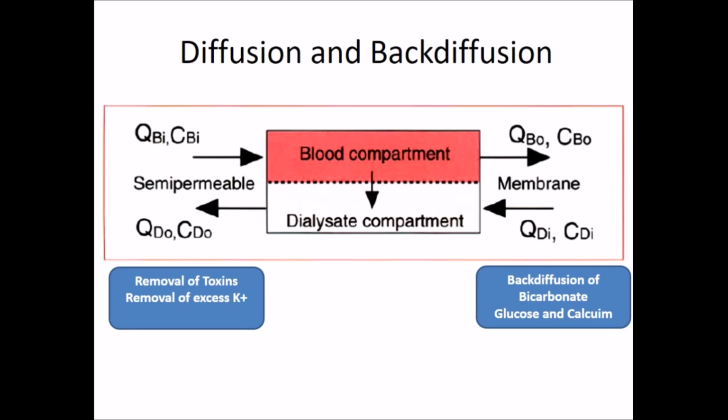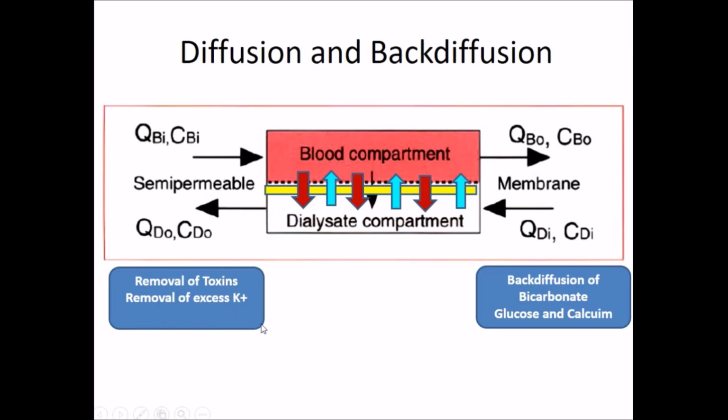So there is diffusion and back diffusion separated by the semi-permeable membrane, where diffusion is movement from the blood compartment to the dialysate compartment, while back diffusion is movement from the dialysate compartment to the blood compartment.